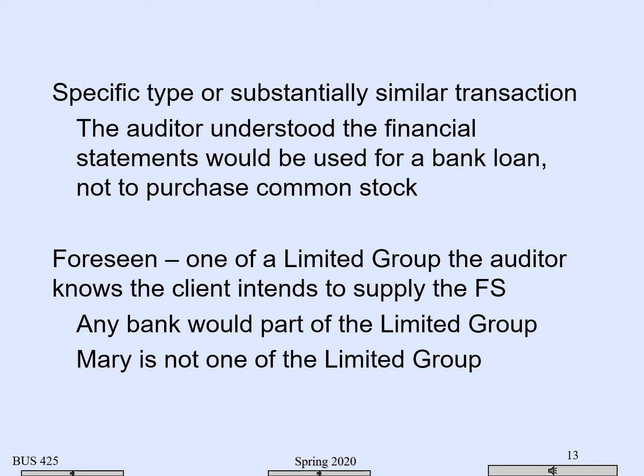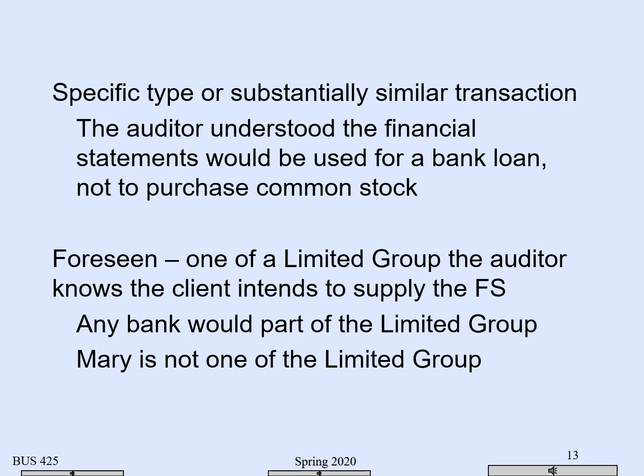It has to be a specific type of transaction or a substantially similar transaction. The auditor understood the financial statements would be used to get a bank loan, not to purchase common stock. The auditor would not be liable because it's not a substantially similar transaction. Foreseen is one of a limited group that the auditor knows the client intends to supply the financial statements to.